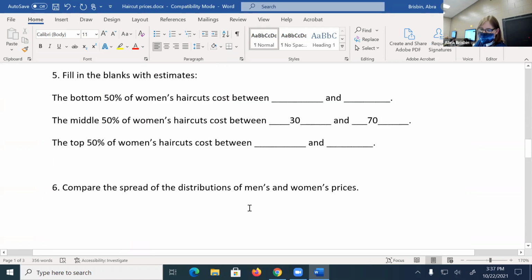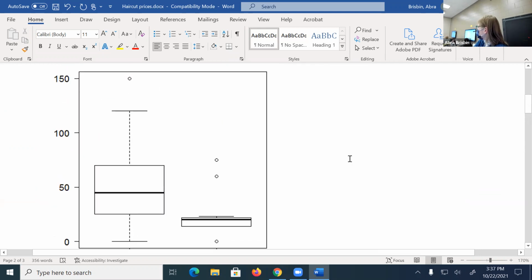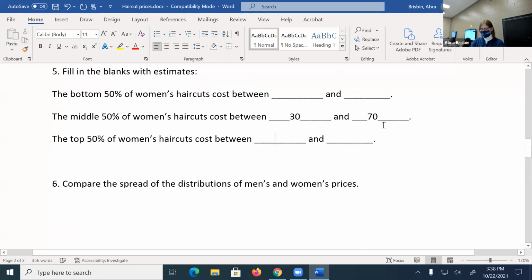All right, how about the top 50% of women's haircuts? Then 45 to 150. So whatever you said is your estimate of the median there, and the estimate of where that top outlier is.